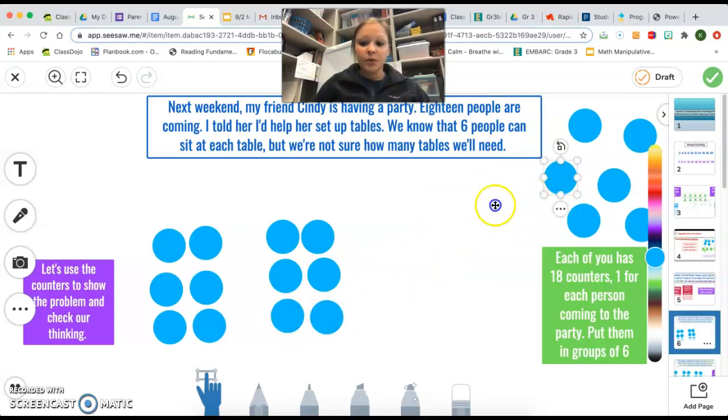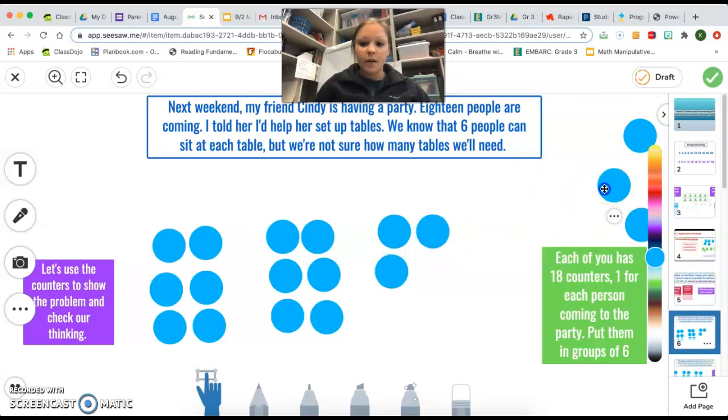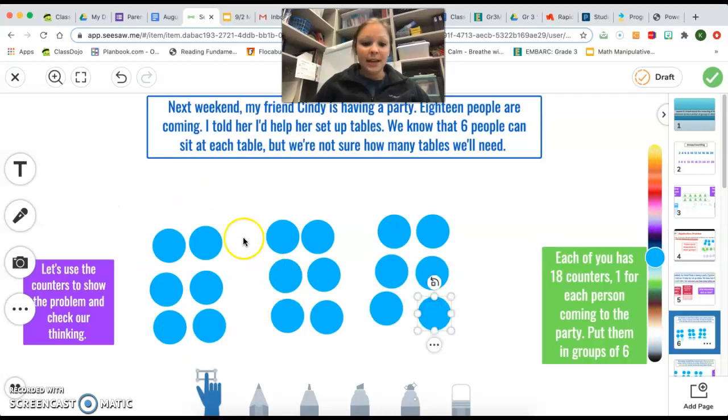There's 2 groups. 1, 2, 3, 4, 5, and 6. So these are my tables, and I have 6 people at each table.